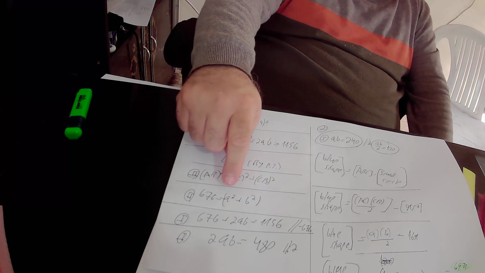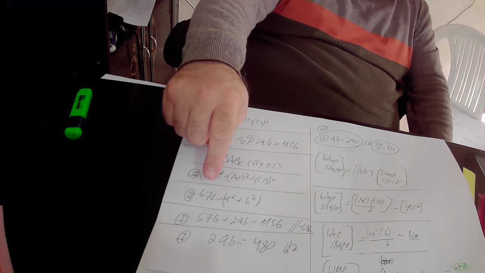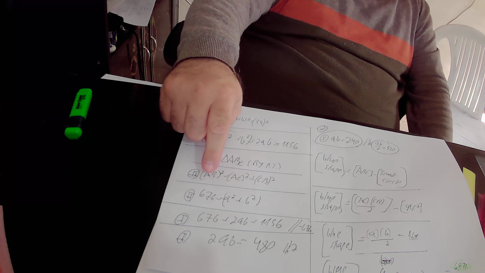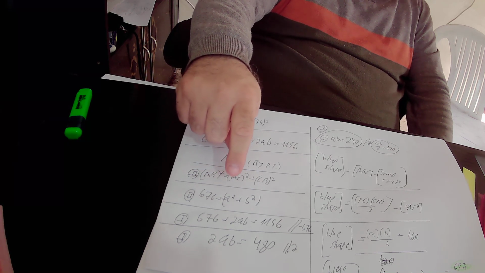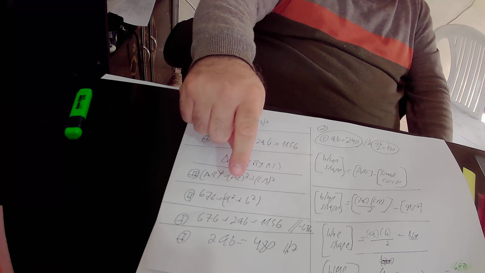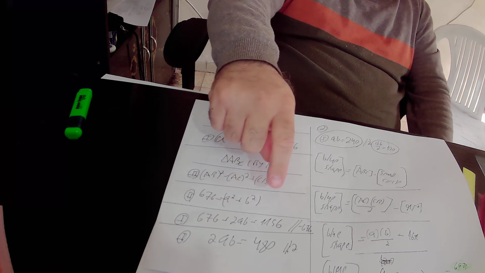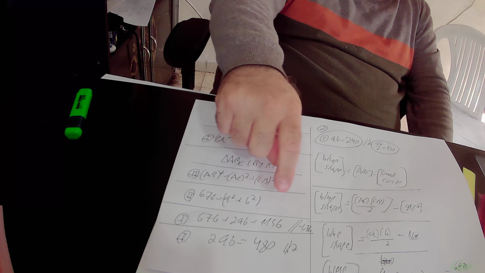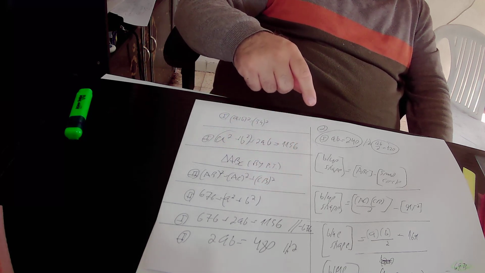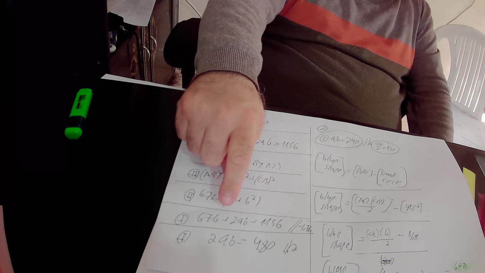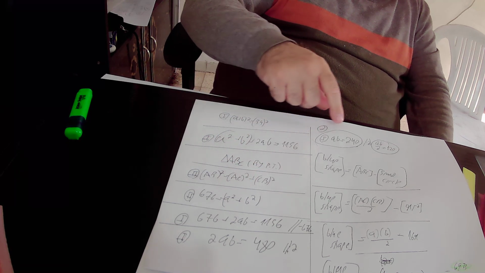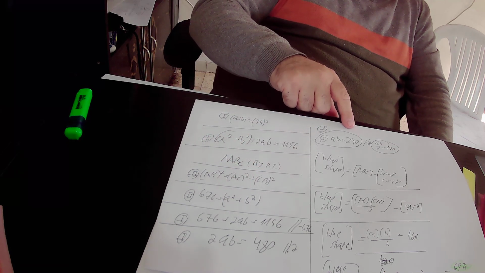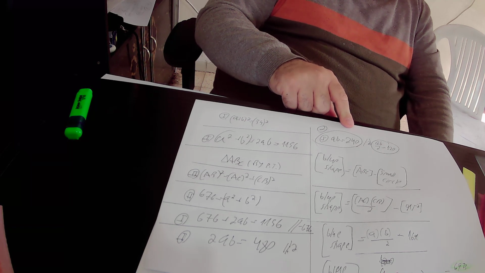We subtracted 676 and got that 2 times AB equals 1156 minus 676, which is 480. We divided by 2, and we got that AB equals 480 over 2, which is 240.